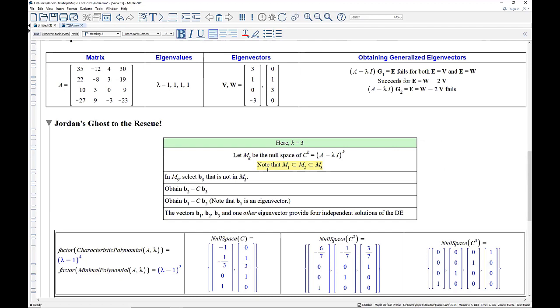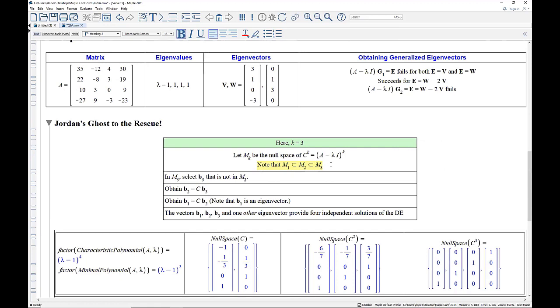What's key here in this Jordan theory is you look at the null spaces of the matrices A minus lambda I raised to the power K. Those null spaces become supersets, one of the next. They're proper. And you need to go to the end of the chain.